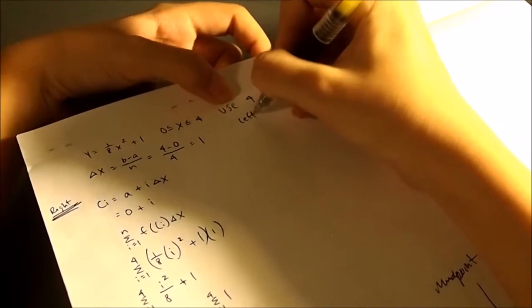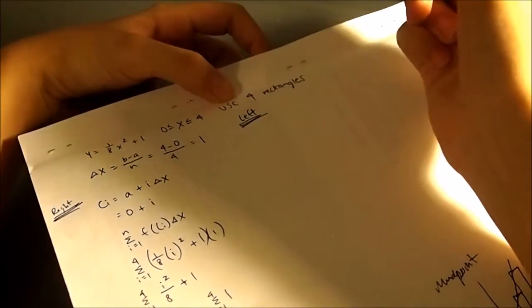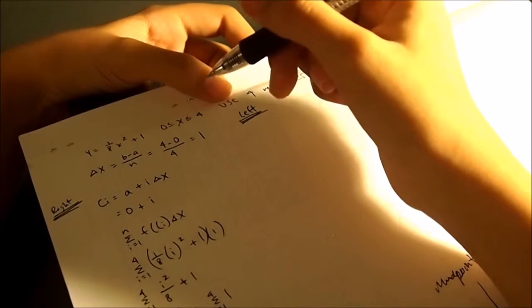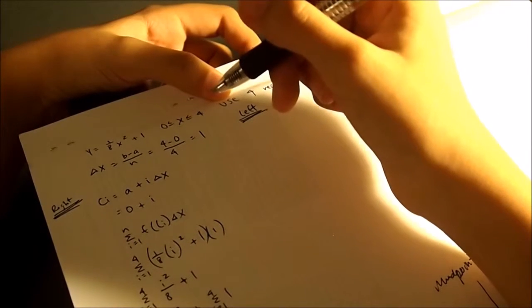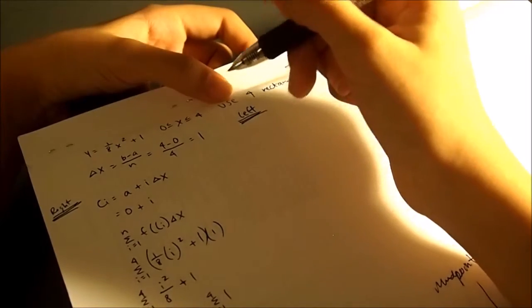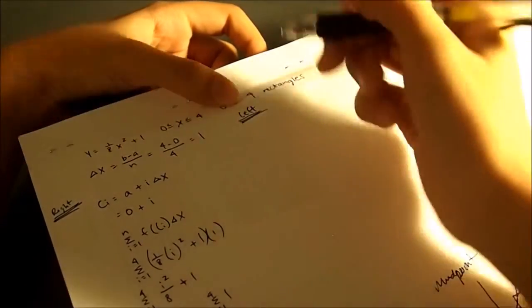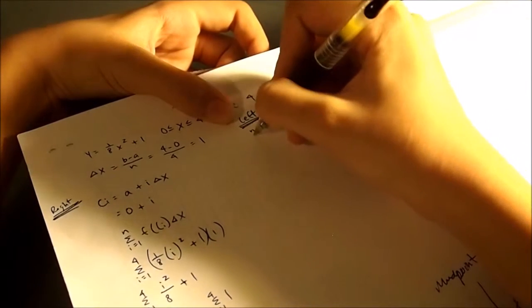Okay, so now let's try to find the left Riemann sum. That delta x is going to remain the same. The c sub i is going to remain the same. This part right here is going to be different. So let's rewrite that.